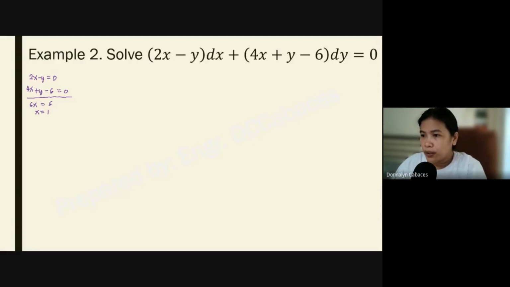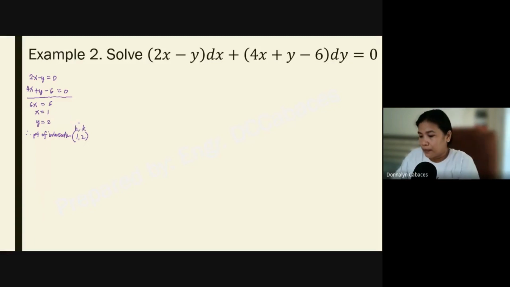If x is equal to 1, then what is y? From the first equation, y is equal to 2. Therefore, the point of intersection is (1, 2), and again, these are designated as h, k.